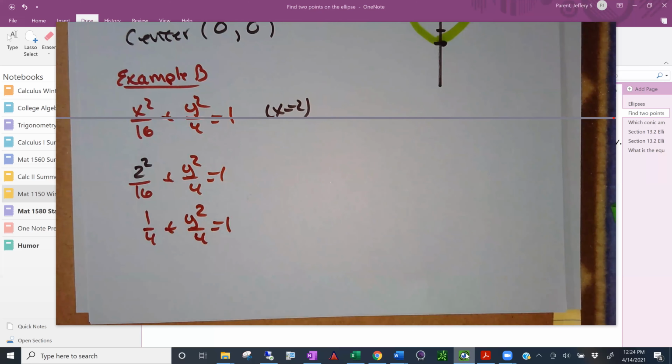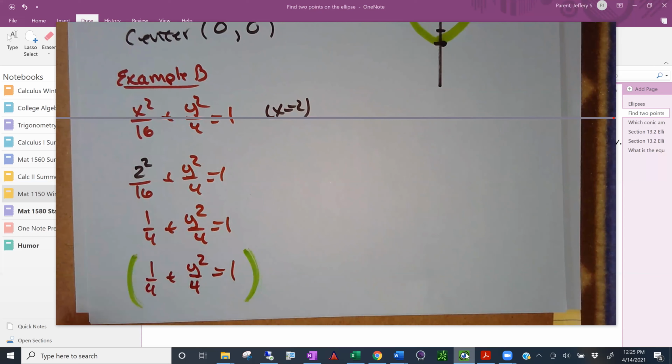Okay, we still have a long ways to go to solve for y. And my guess is that a lot of you are really not happy about the fact that we've got fractions here. So how about if we get rid of the fractions? What could I do to get rid of the fractions in this equation? Multiply both sides by 4. Awesome. Thank you, Abby. Multiply both sides by 4.